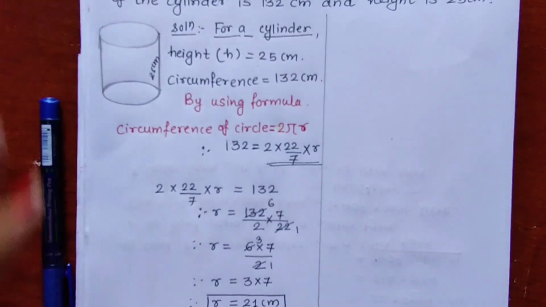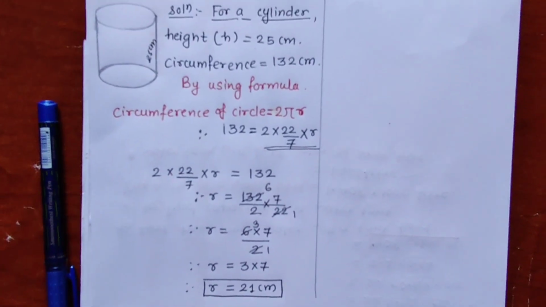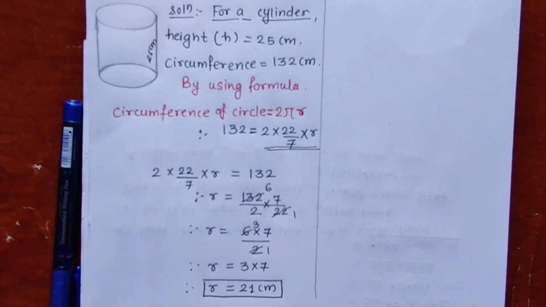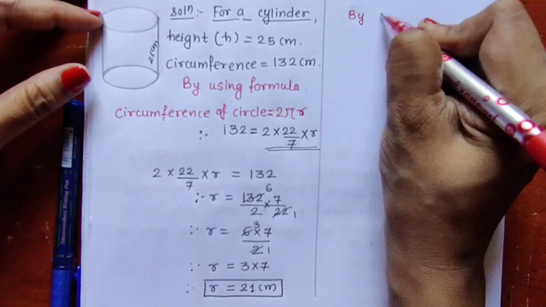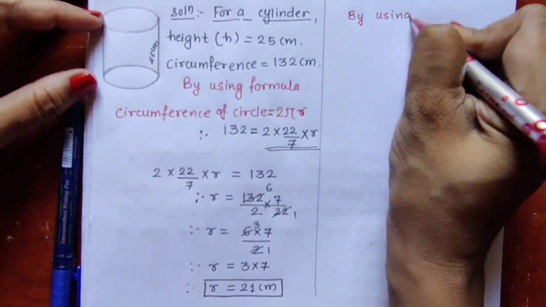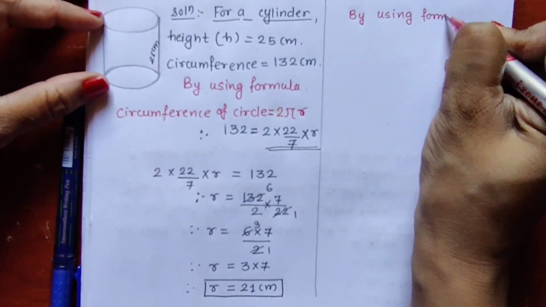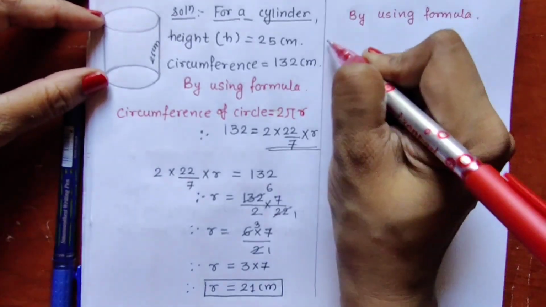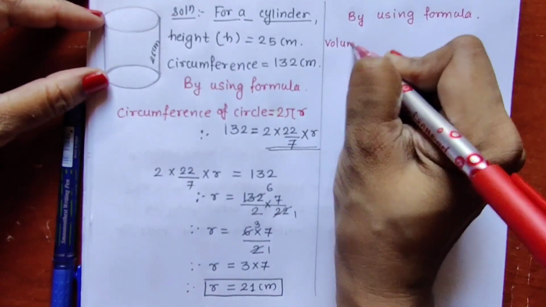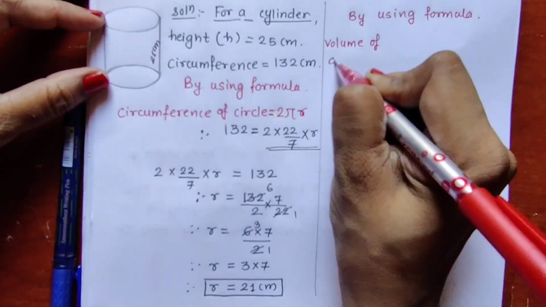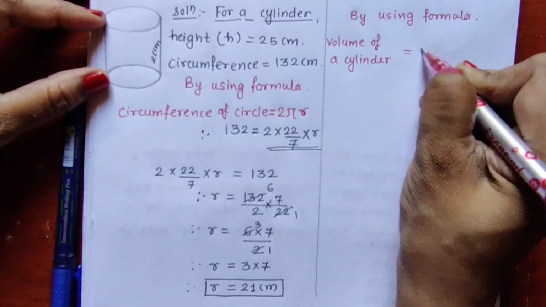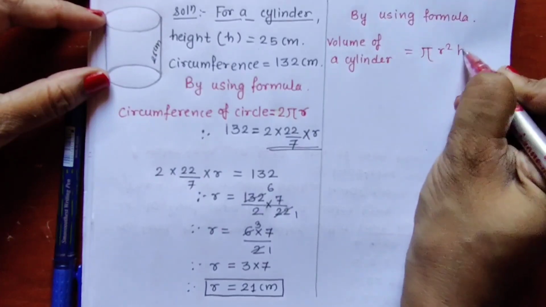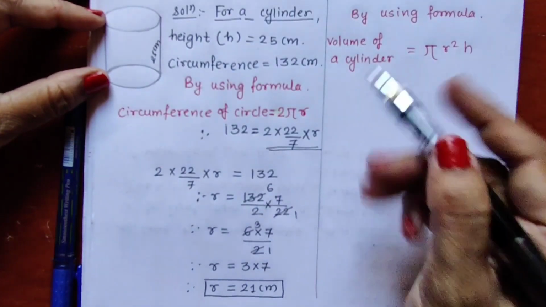So in this way R value we have got. So as we have got the value of R, now we can find out volume of cylinder by using formula. Now we will use the formula of volume of a cylinder. Pi R square H. Now we will put the values.